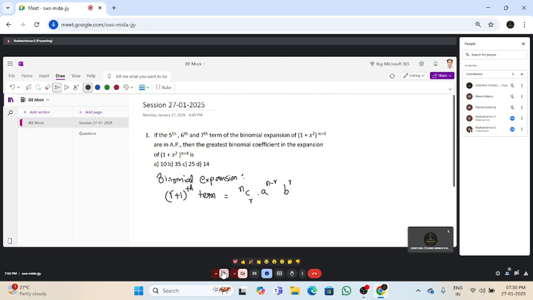If it is of A plus B whole to the power of n, binomial expansion of A plus B whole to the power of n, in that expansion, R plus 1th term is given by NCR A power n minus R, B power R. So just substitute that.